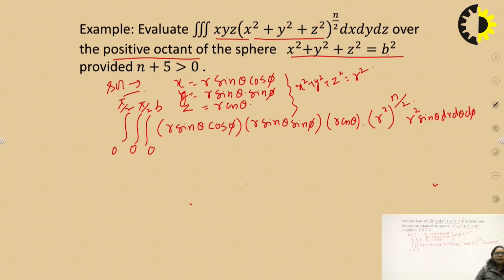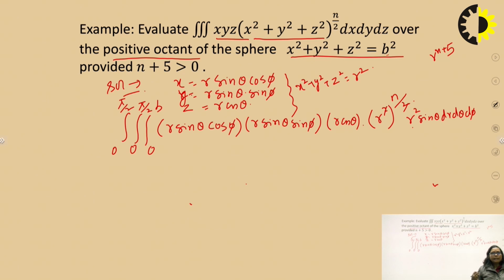Now, just the same thing, we need to combine the various powers of r over here. Look at it, here this 2 will cancel out. So it's r squared, r cubed, r to the power 5. And here it's r to the power n. So the total power of r will be r to the power n plus 5.